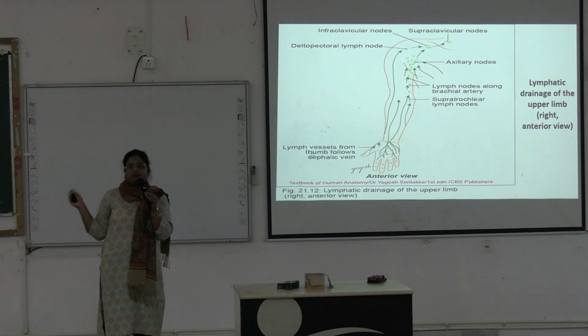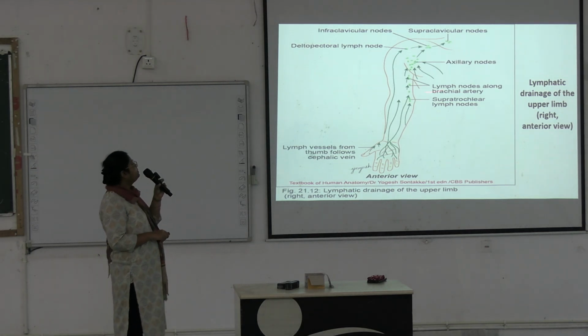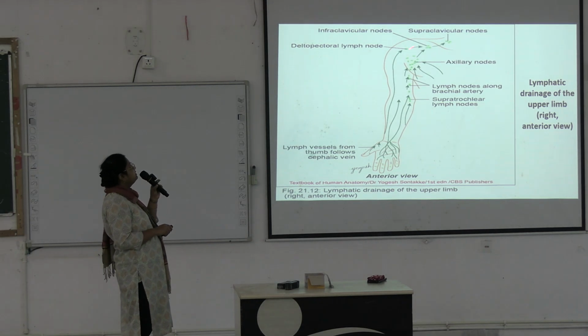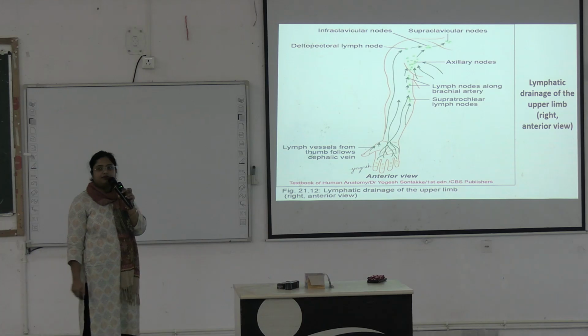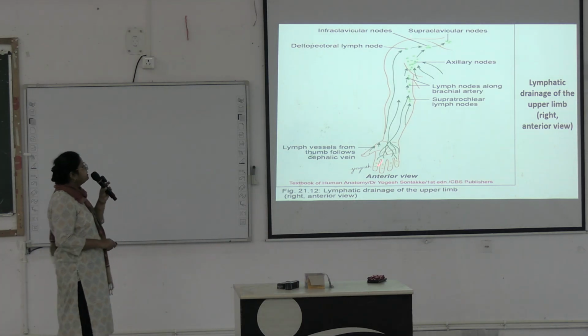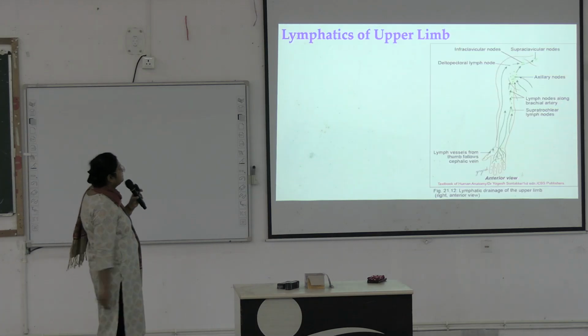Axillary lymph nodes are an important question for your theory. From here it drains into the infraclavicular nodes first, then ultimately into the supraclavicular nodes. Okay, so this is the direction of lymphatic drainage from the upper limb.